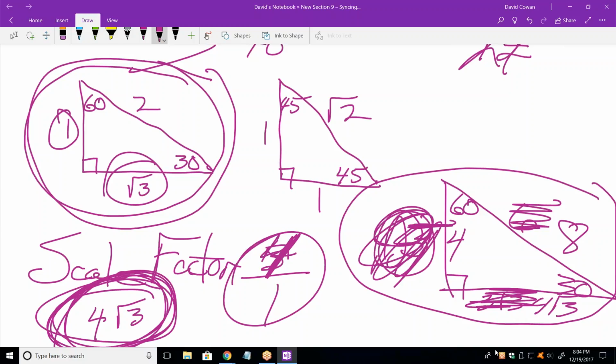In other words, if I gave you a 30-60 triangle and I told you the hypotenuse was 8, solve the other two sides, this is the way you want to do it. You want to do it based on this unit special triangle. And then always figure out the scale factor, big to little, and then always multiply the scale factor by these numbers to get your answer.